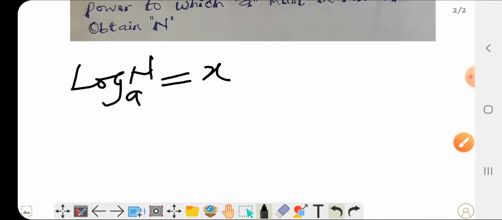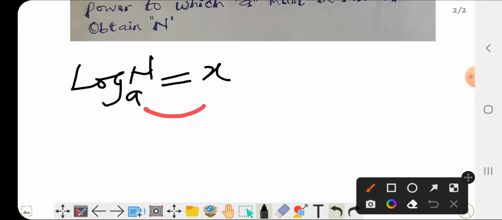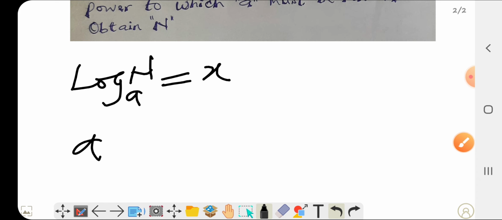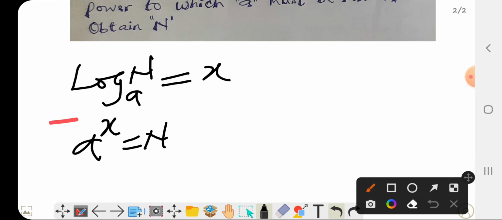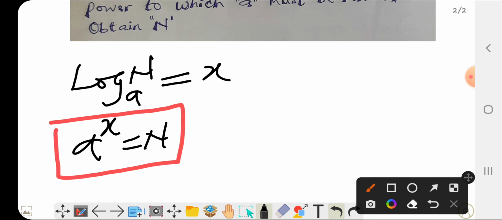So you now say, since a raised to power x must give n, write it exactly the same way as a raised to power x equals n. It now becomes an exponential equation.